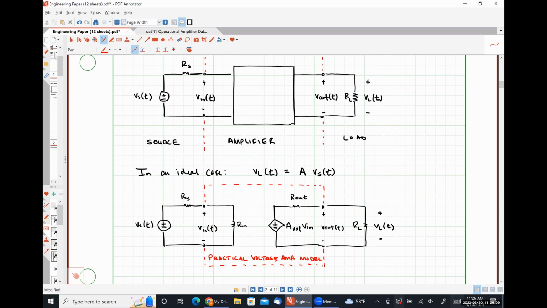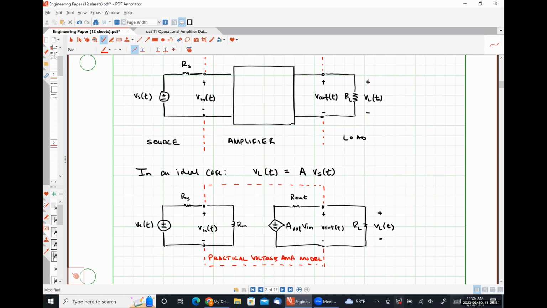The subscript V lets us know that it's a voltage gain. And the subscript OL here lets us know that it is an open loop voltage gain, so that we do not have any type of feedback network applied to the circuit. And we'll talk about that in a lot more detail in this class, as well as your transistor amplifier classes and all that kind of stuff.